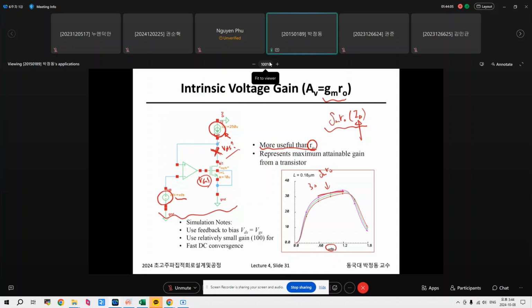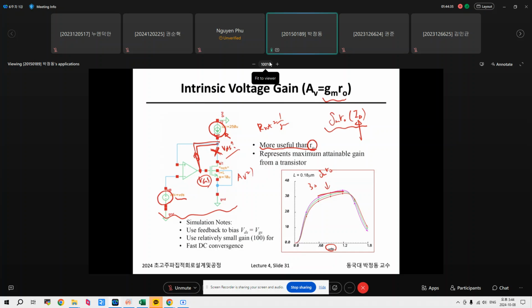If I connect this directly to here, then this is a diode-connected device. It does not provide any high impedance, because R out is 1 over GM. So Av is always 1 if you directly connect this to this. So how can you do that?